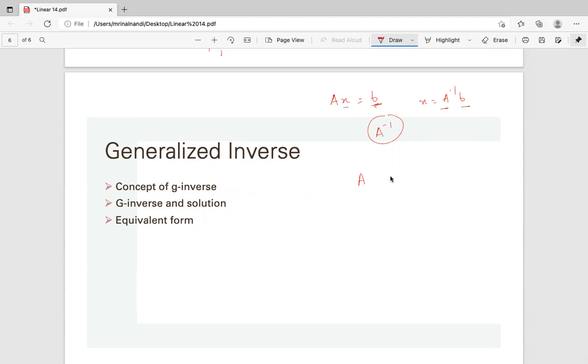We can still find a matrix G such that AGA is equal to A. If A is given to you, and you find such a matrix G such that AGA equal to A, then G is called a G inverse of A. In the case of a non-singular matrix, the G inverse is unique, and that G inverse is the inverse of the matrix.